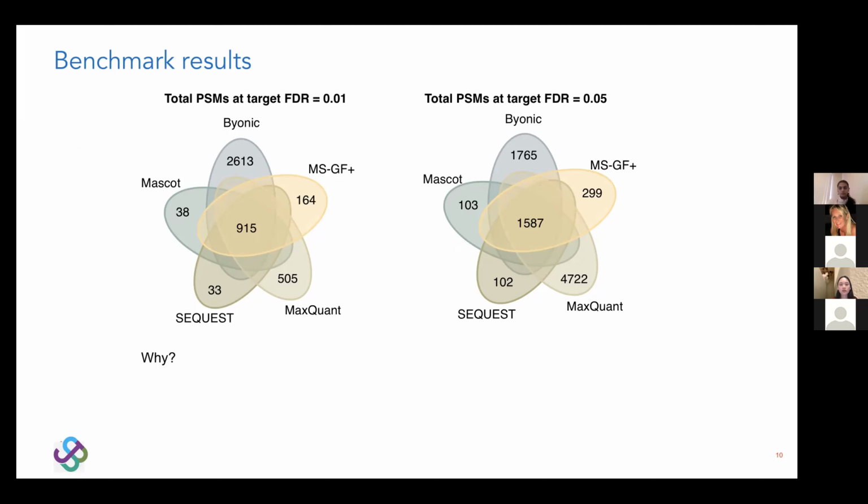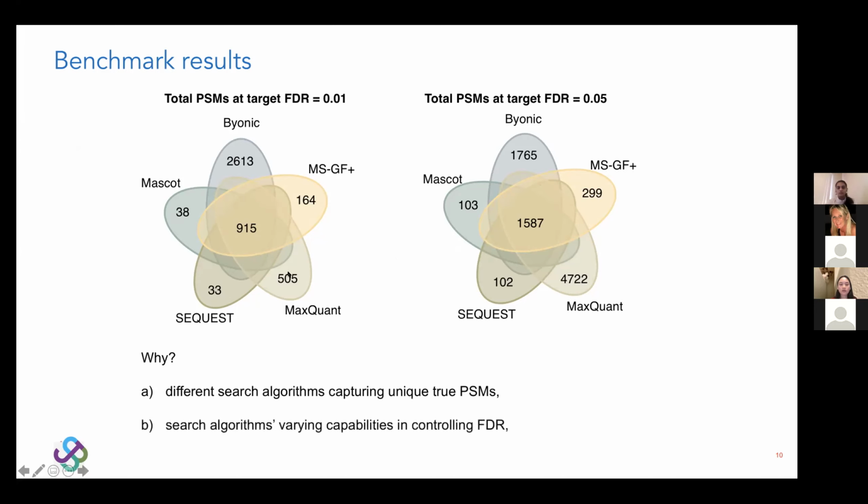So the question is, what's the reason behind what we see here? It could be that different search algorithms indeed capture unique PSMs, or it could be that these uniquely identified PSMs do not have very high quality, meaning that a lot of them may not be able to control FDR well.